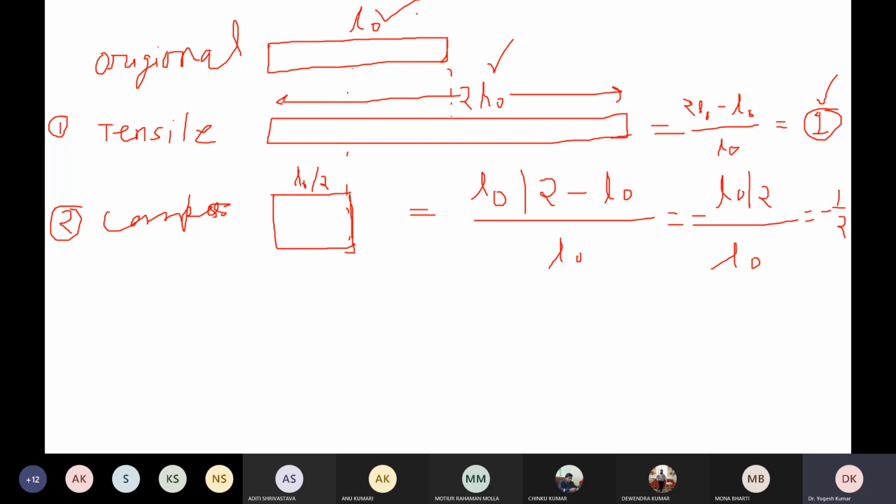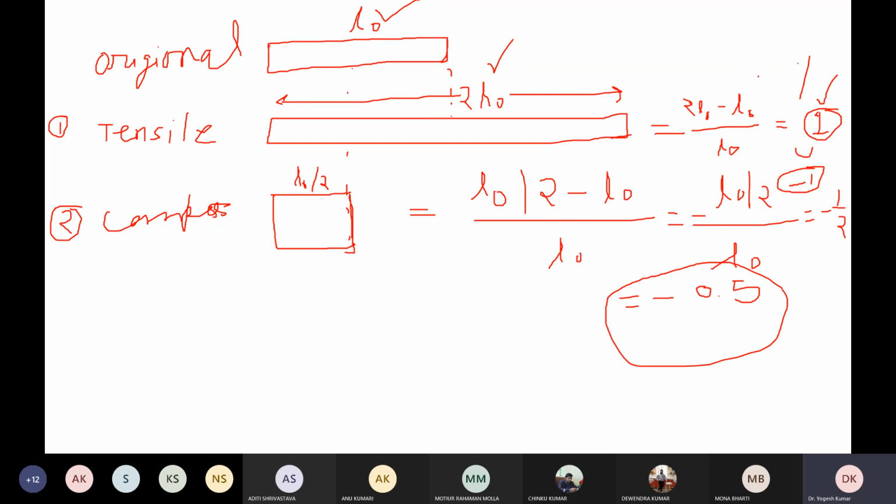But when we are compressing the test specimen, we could expect that since it is 1, this value may be minus 1. But it is not like that. It is minus 1/2, so it is minus 0.5.